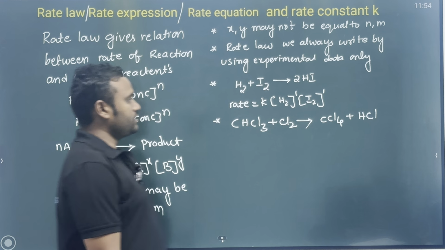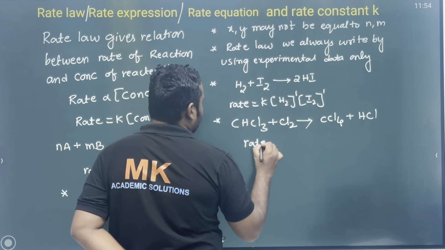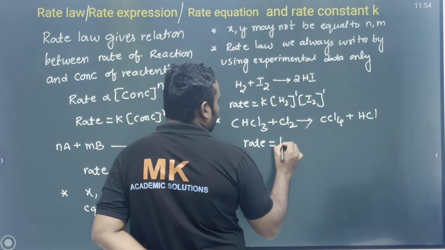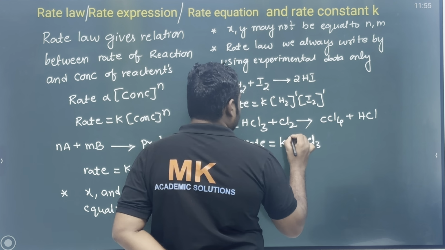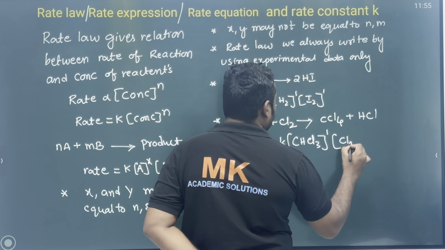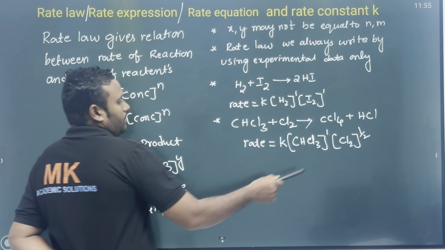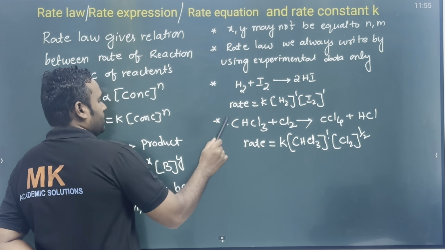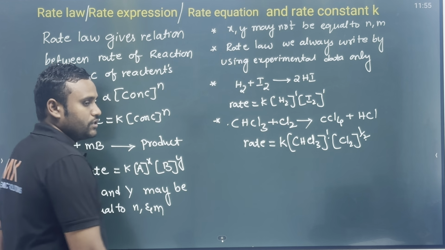So for this reaction, the rate law is rate is equal to k into CHCl3 power 1 and Cl2 power 1 by 2. Means here 1 is the stoichiometric coefficient of CHCl3, half is not the stoichiometric coefficient of Cl2.